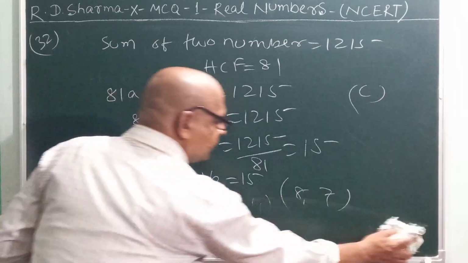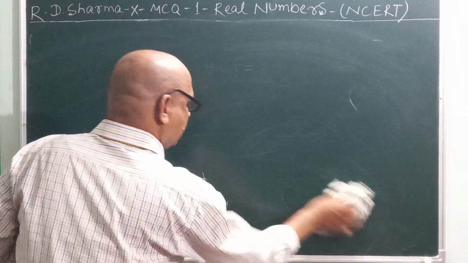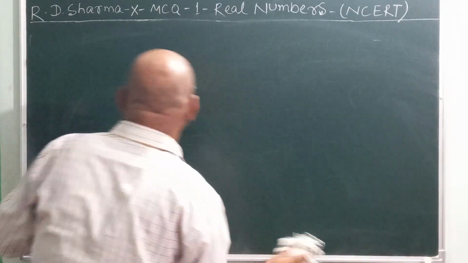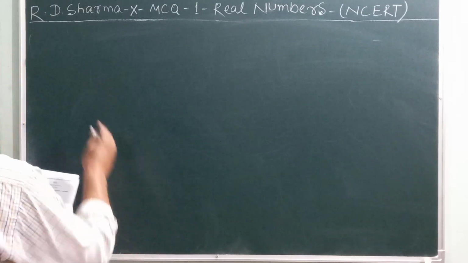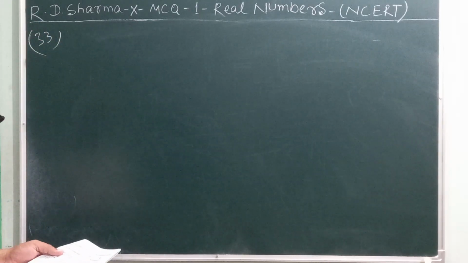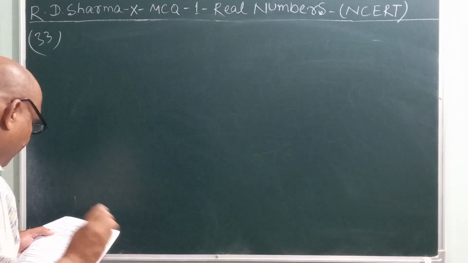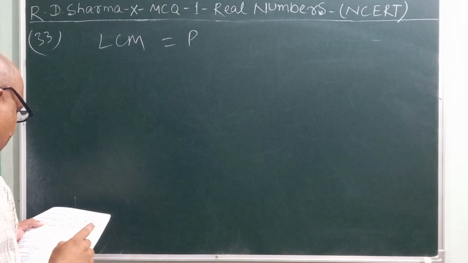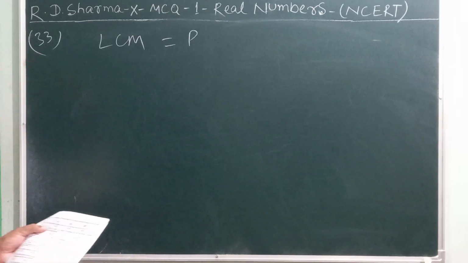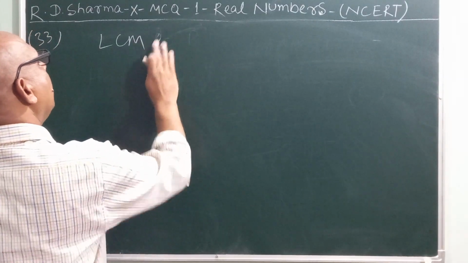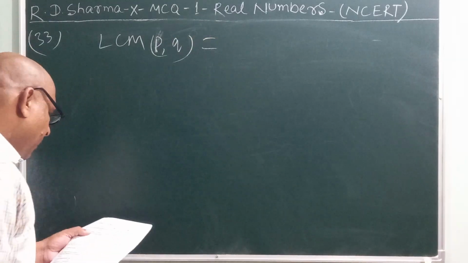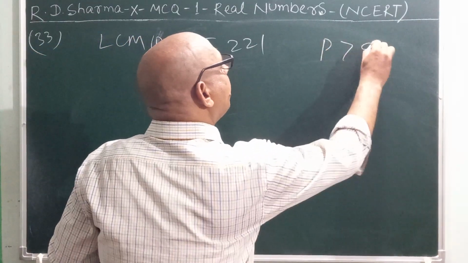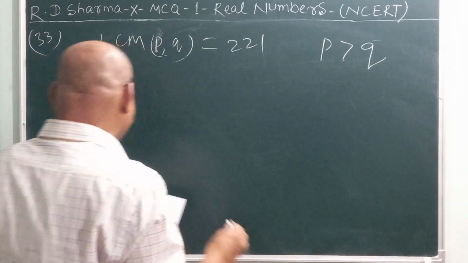Next, 33. If the LCM of two prime numbers P and Q is 221, with P greater than Q, then what is the value of 3P minus Q?